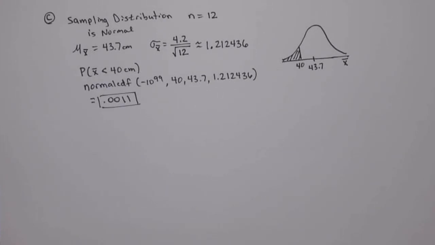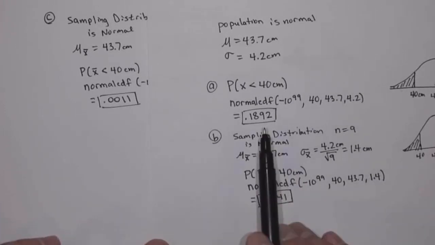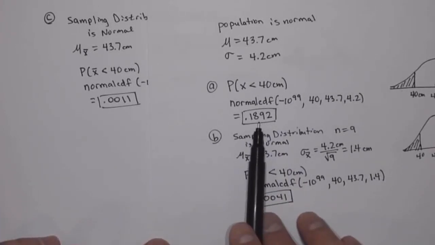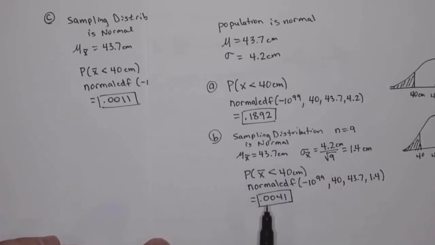Well, if I pull back in my results from parts A and B, when we selected one individual, the probability of being less than 40 was 0.1892. When we selected 9, the probability that the average or the mean of those 9 is less than 40 centimeters is 0.0041.